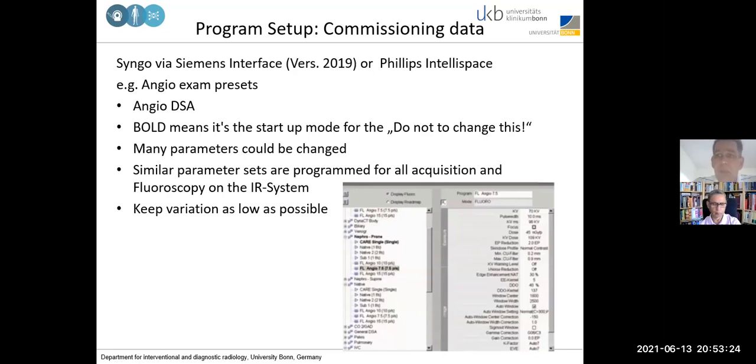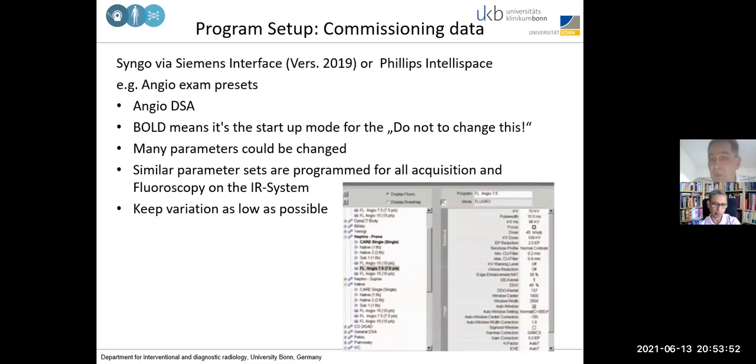You have a base program, and then for, let me say, extremities of leg or arms, then for maybe thicker persons, or for more bone-like images or more tissue-like images, you will see that the parameters are linked to this base program.